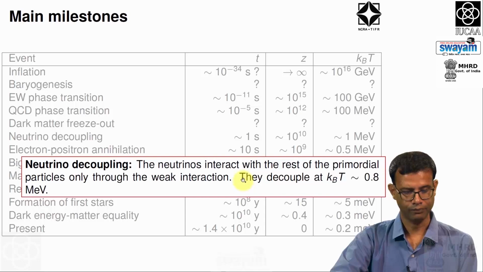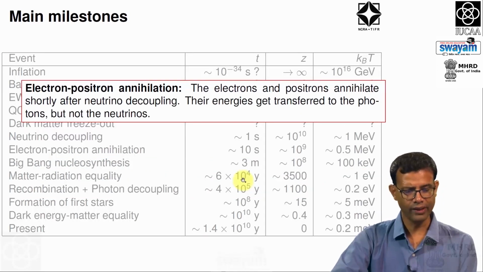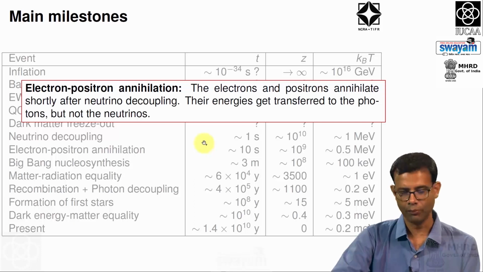The next thing which is quite interesting is the annihilation of electron positron. Before this time the universe contained both electrons and positrons, but probably slightly more electrons than positrons.